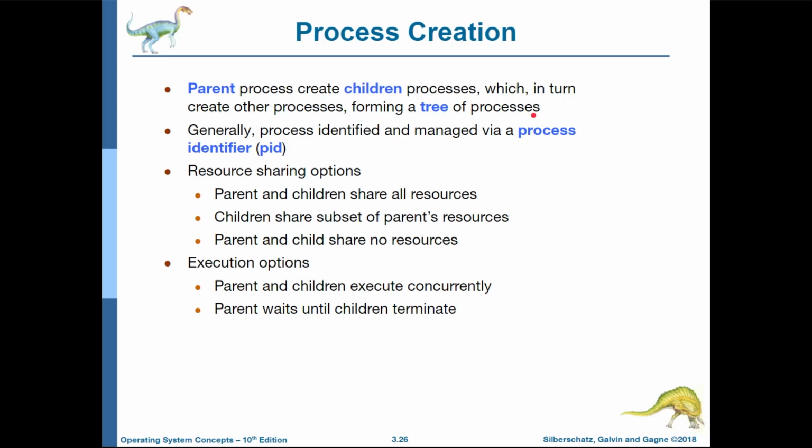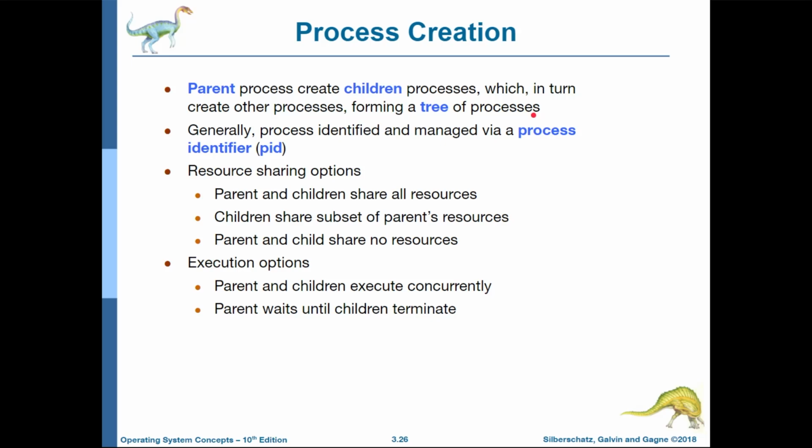In most systems, processes maintain that tree relationship for the business of administration of those processes. Every process is managed via a process ID. A parent process will have its ID, and each child will have a separate unique ID.